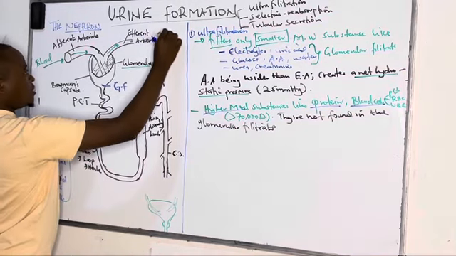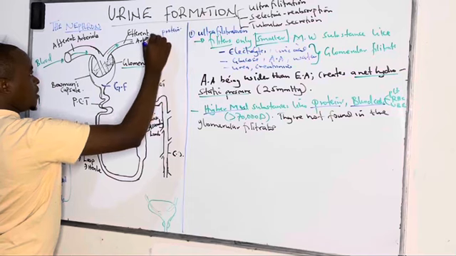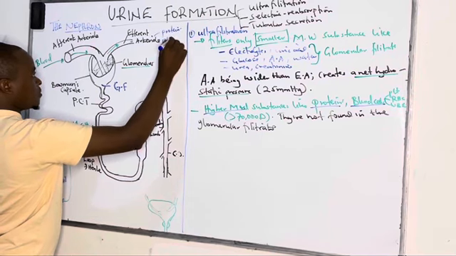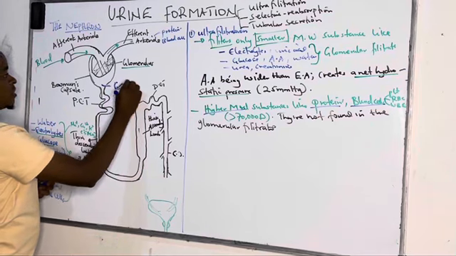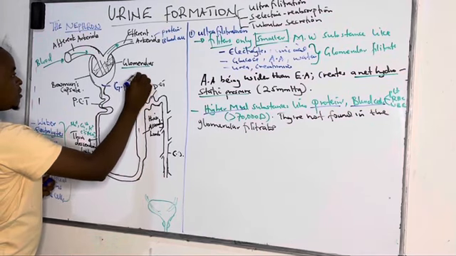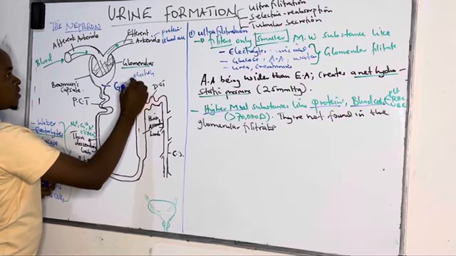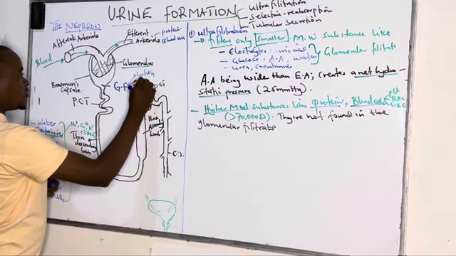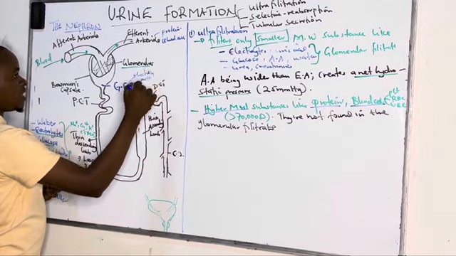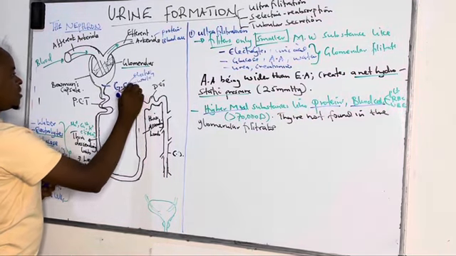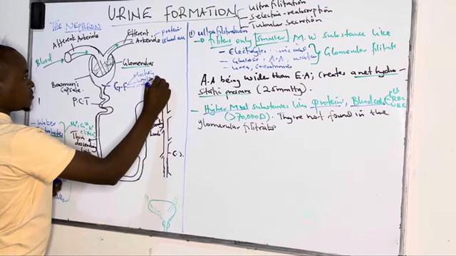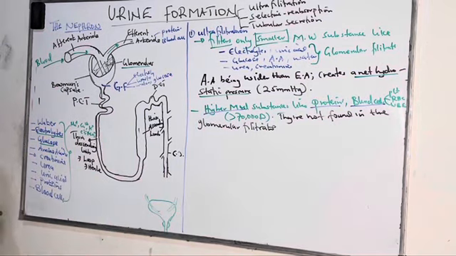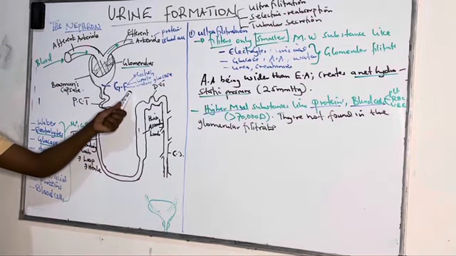So we find the proteins here, and blood cells. Then the smaller molecular weight substances, we find them here: the electrolytes, the waste products of metabolism like urea, uric acid, creatinine, water, and glucose. They form part of the glomerular filtrate.